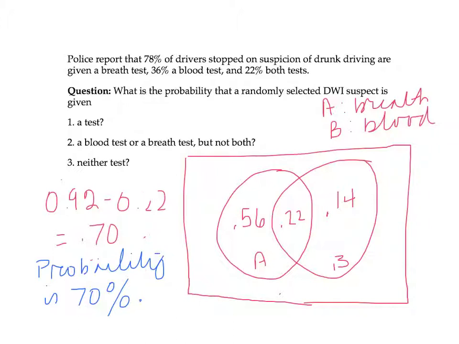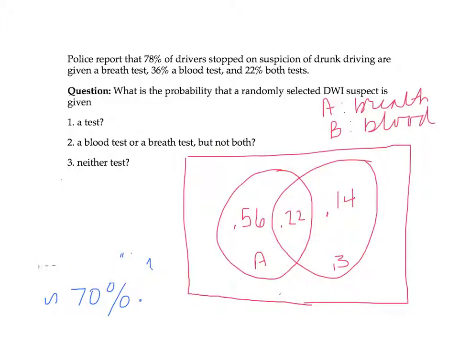So then the last one is the probability that a randomly selected suspect is given neither test. And that would be everybody that's outside of my circles. It's the complement of everything that's in. So the probability of getting neither test is the complement of getting a test at all.